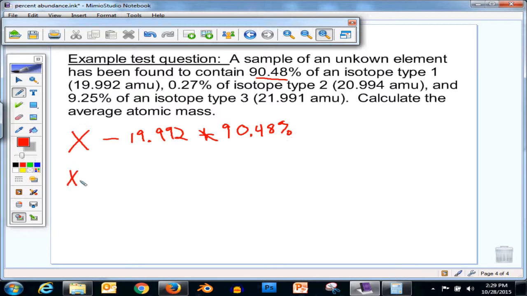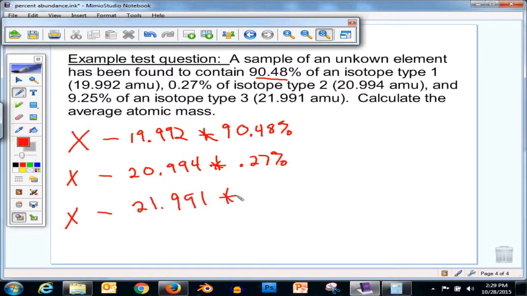And then this one is 20.994 times 0.27%. Careful with the percentage. And then we have 21.991 times 9.25%.